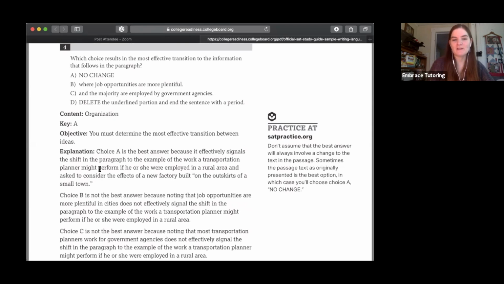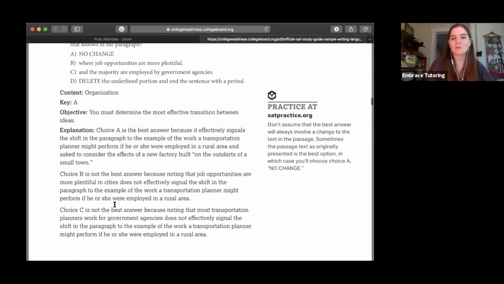Okay, and they're saying in this case, choice A is the best answer because it effectively signals the shift in the paragraph to the example of what a transportation planner might perform if he or she were employed in a rural area and asked to consider the effects of a new factory built on the outskirts of a small town.